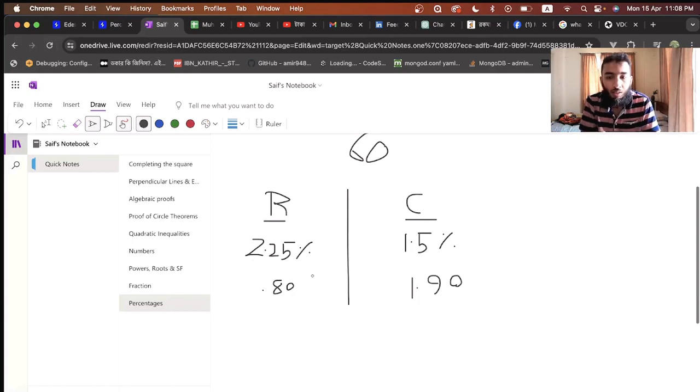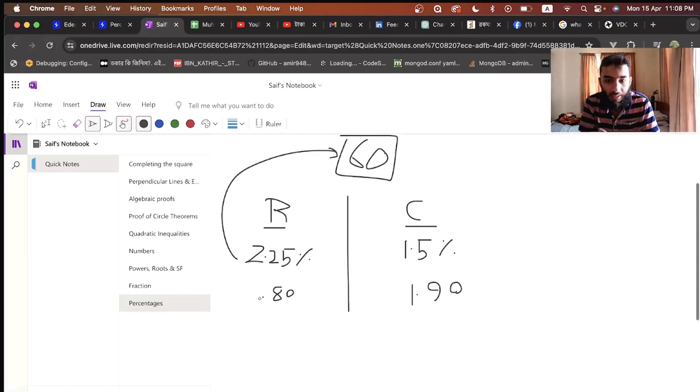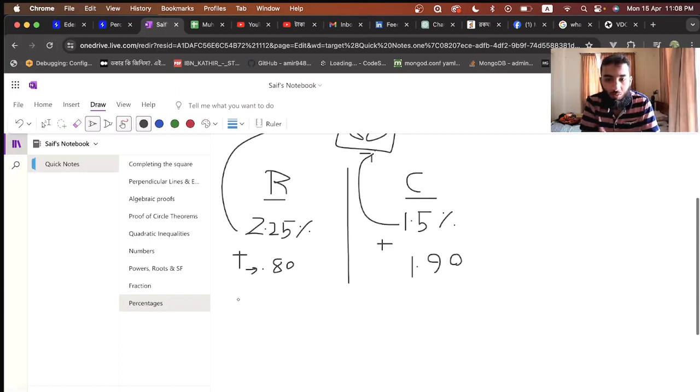If the base price is 60, what is 2.25% of 60? You have to calculate that first and then add 0.80. Similarly, you have to calculate 1.5% of 60 and then add 1.90 to get the totals to compare.